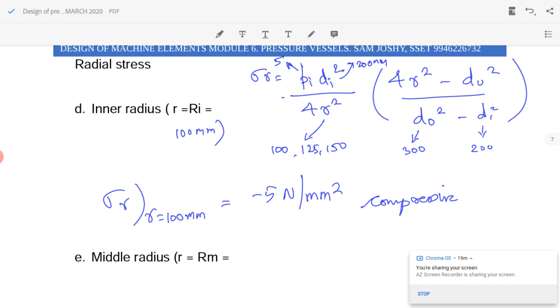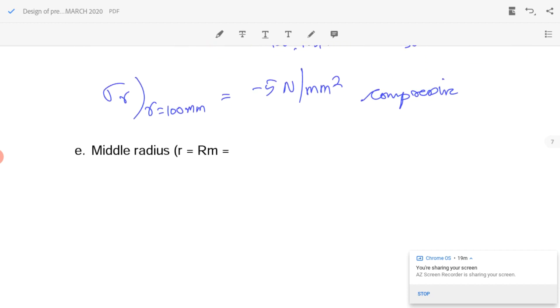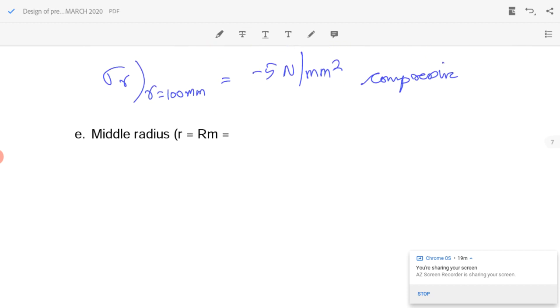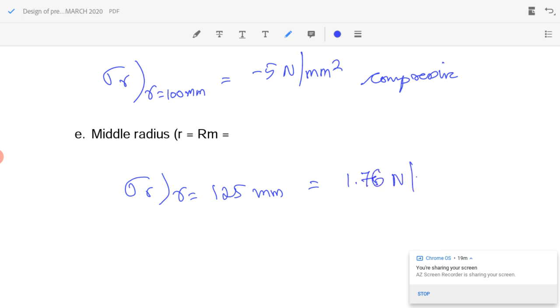Further, I can find the stress at the middle region. I will get sigma R at R equal to 125 mm equal to 1.76 Newton per mm square.